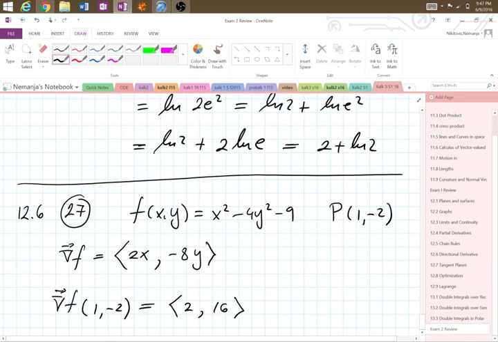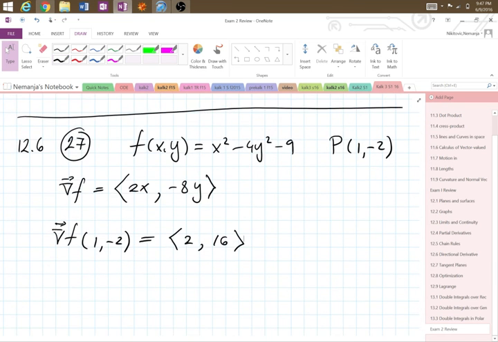Now what? You need to find a unit vector. We need to find the unit vector in the direction of the gradient, divided by its magnitude.